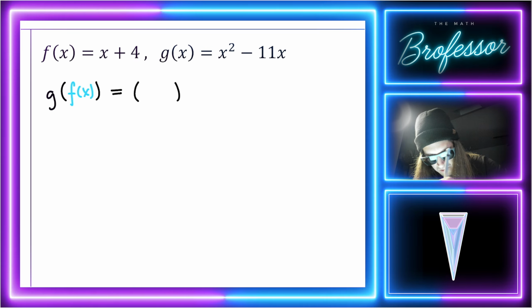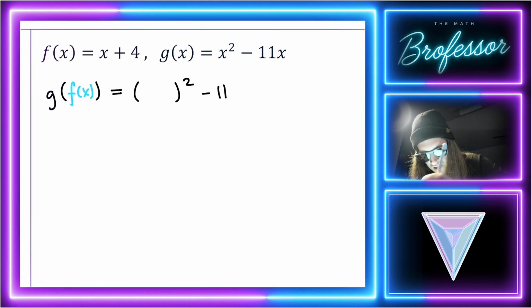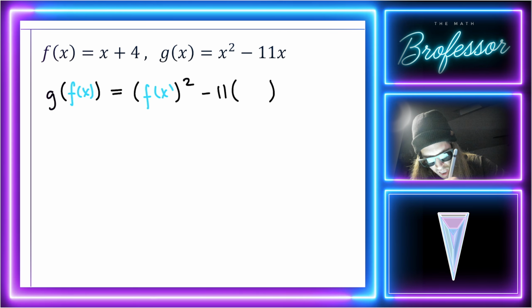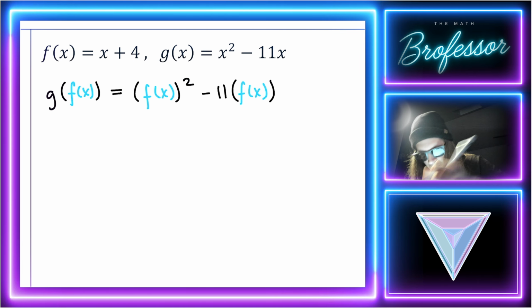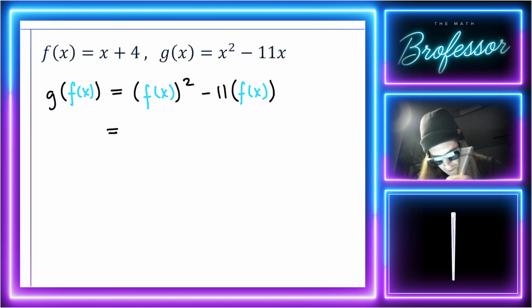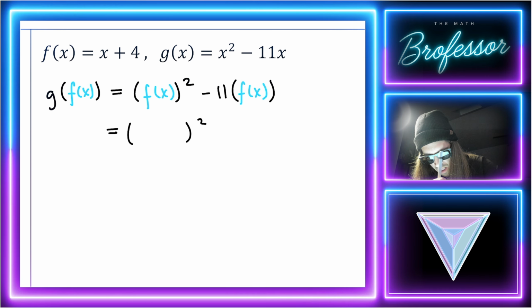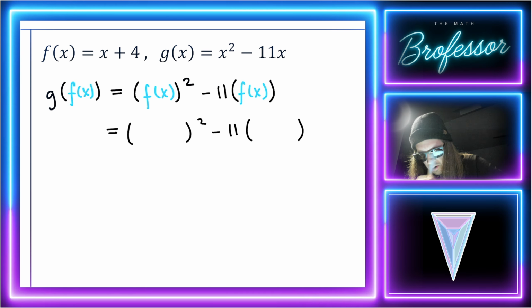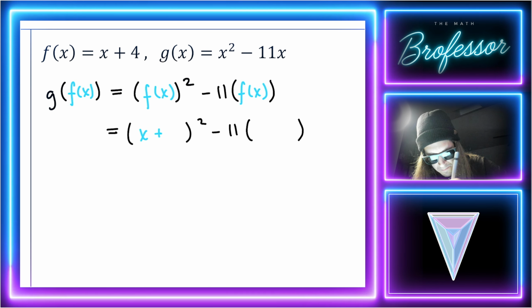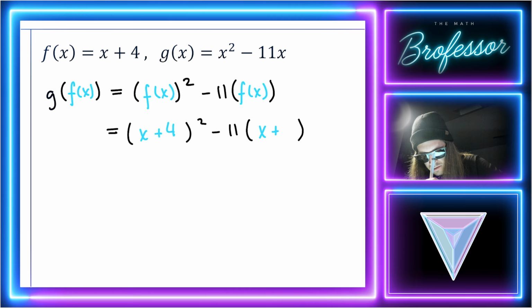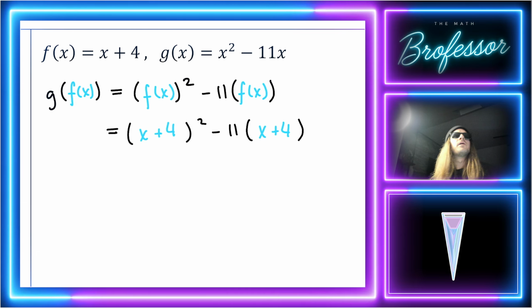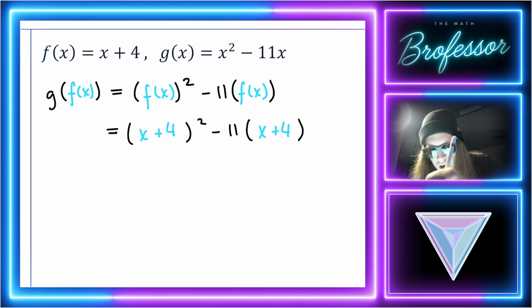So that means we're going to have x squared minus 11x. And what is f? F is x plus 4, just like that. Great.